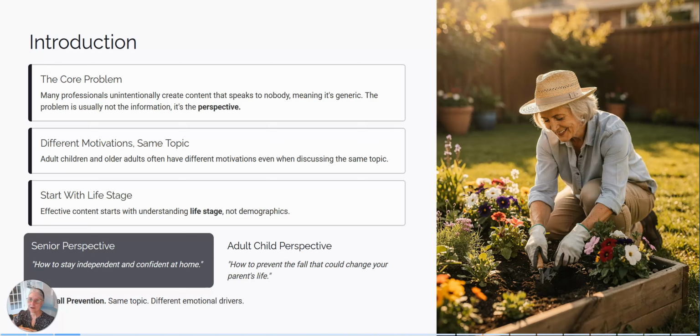So you can talk about the exact same topic, how to set up a shower for someone with dementia. The setup process at the beginning stages is going to be very different from the latter stages. So if you think of it that way, and that is true for just about everything that family caregivers go through, no matter what it is.